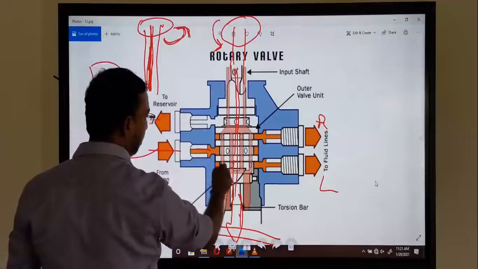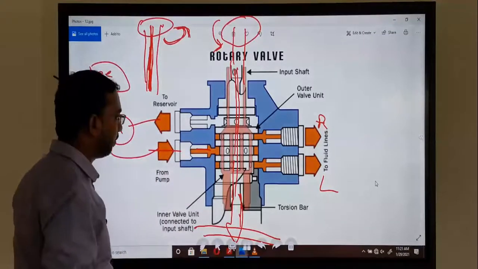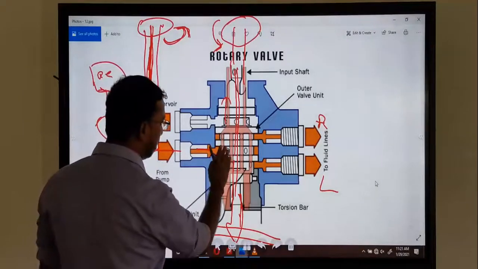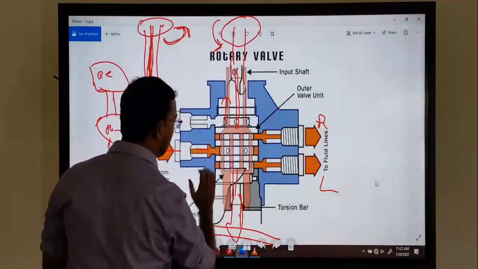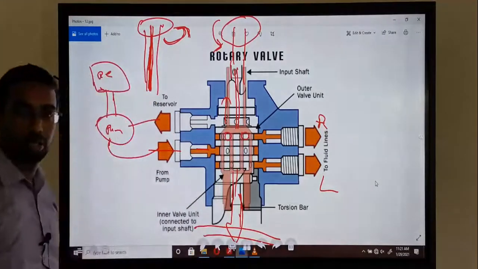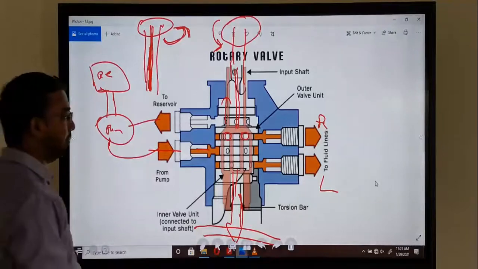It moves upwards, and it comes to this same level.